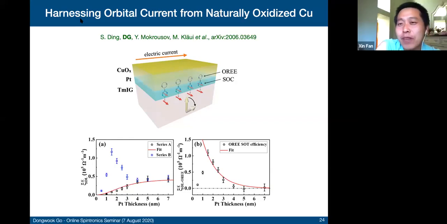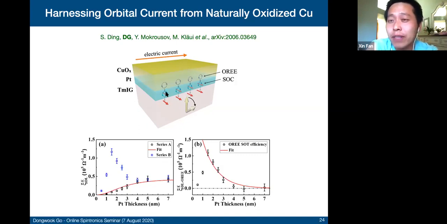Yes, my question is, I have a couple of them. Save some of them for later. But as Jan already asked, for experimentalists, we have different methods to measure the spin.